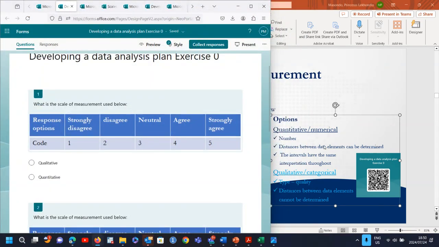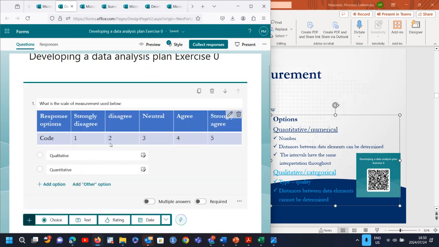if we remember, a quantitative variable must be a number. The distances between the data elements can be determined. So we should be able to determine the distance between strongly disagree and disagree, the distance between disagree and neutral, the distance between strongly disagree and agree.